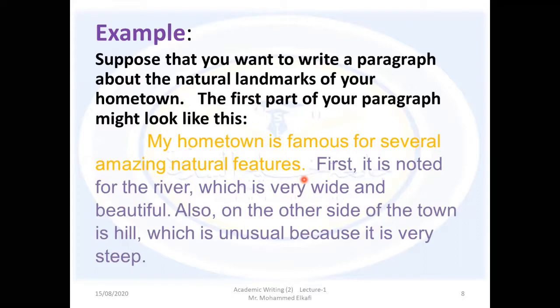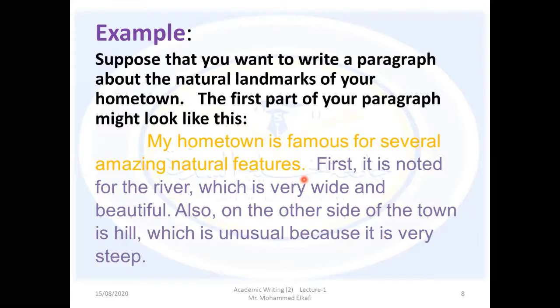My hometown, Raslano, for example, is famous for several amazing natural features. Okay, let's think of this point. Without any details, he said that there are amazing natural features that make his hometown famous. But he didn't mention them. That means there are no details. Since there are no details, that means it is what? It is a general sentence, okay?